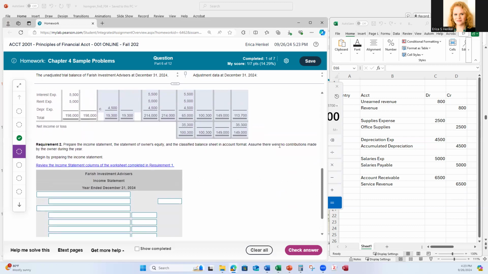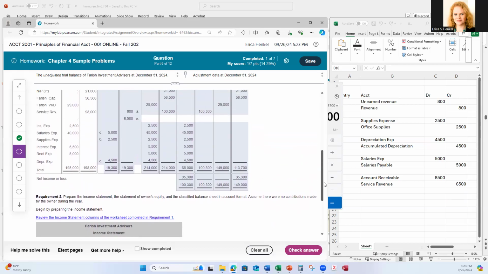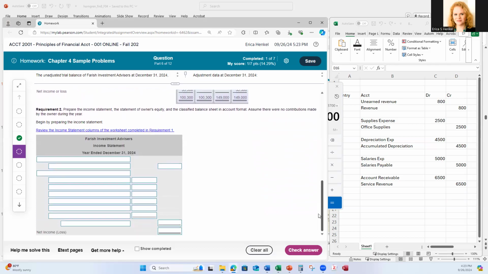So we're going to go ahead and put this together using our numbers from up above. Now, the format that you're going to have on your income statement, again, always at the top, company name, the title of the financial statement, and then the time period that the financial statement is for, which is for the year ended December 31st of 24. And on an income statement, your first account is always going to be what?